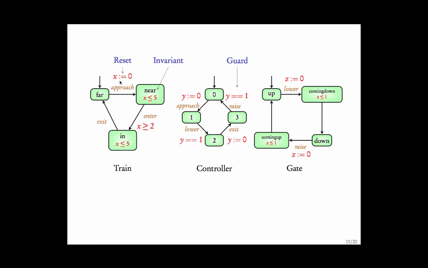That is this reset operation. We can use constraints on clocks in states. This will say that the system can stay in this state as long as the value of x is less than or equal to 5. And on transitions, we can have guards. This says that this transition can be taken only when the value of y equals 1. Okay?